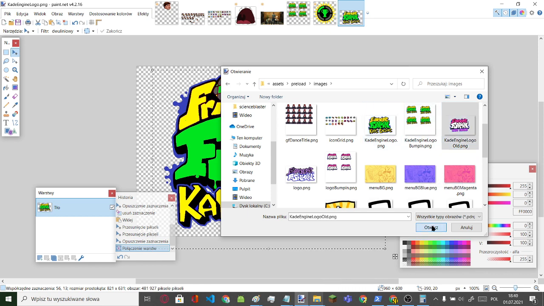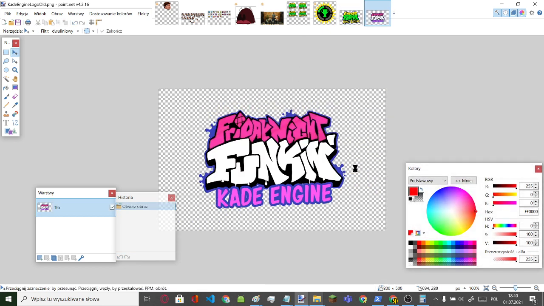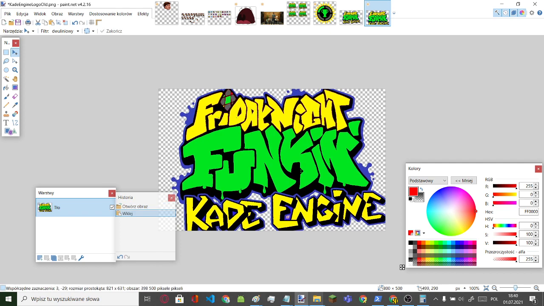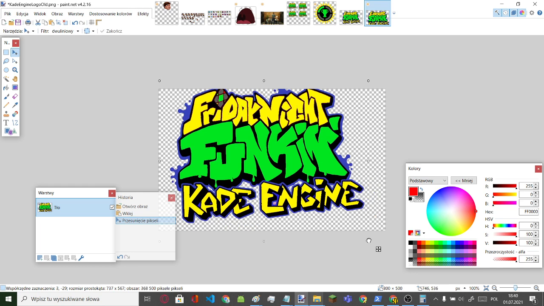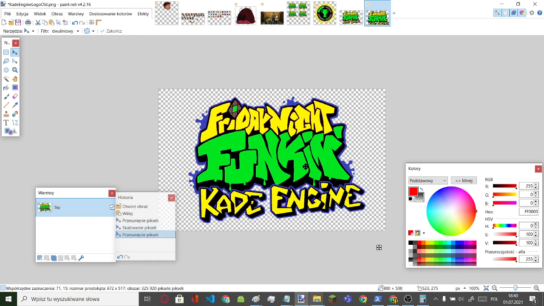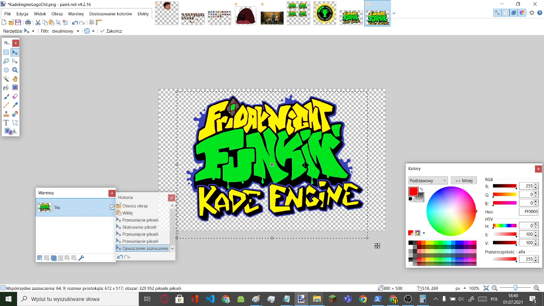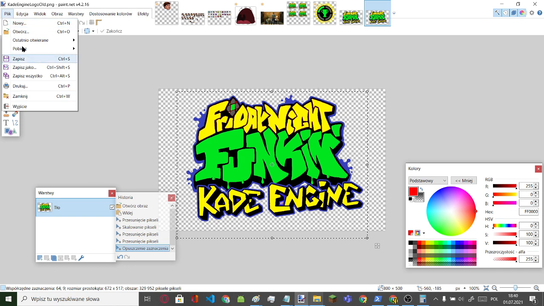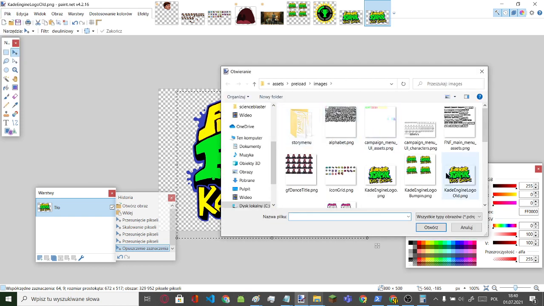Yeah, we could like open this also and like copy this, but actually smaller so it can fit here. And here we go, we have. Oh, this is old, but let's try it. Campaign menu.